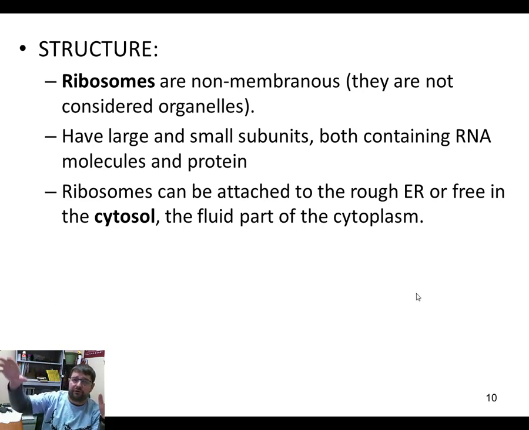Ribosomes can be attached to the rough ER, and we already showed that. Okay? But they can also be free-floating out in the cytoplasm, or what sometimes is called the cytosol. Okay? And so you've got this ribosome association with messenger RNA. The messenger RNA doesn't go away. We'll come back to this. Messenger RNA can be sitting in the cytoplasm. The ribosomes are sitting in the cytoplasm, and you get these feedback loops.